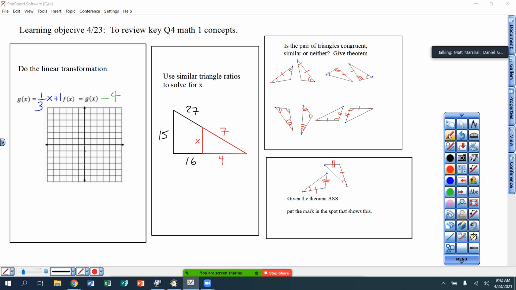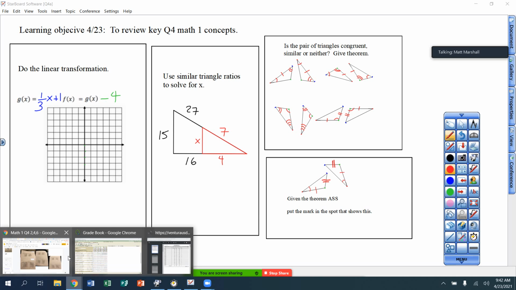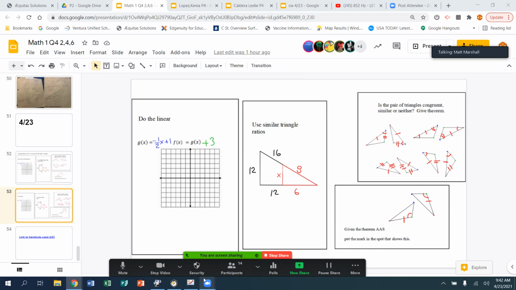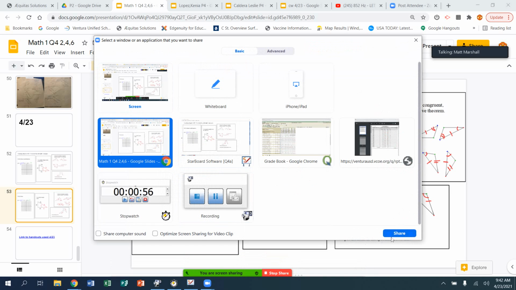All right. What we're doing today is I'm going to show this set right here. The people in class I gave it to on paper. And then what I'm going to have them do is you're going to go to your Google Slides and do a set of your own. And then you're going to explain it out loud to the class. I'm doing that for attendance purposes and for a grade. Because I'm zooming, I hate this transfer back and forth.